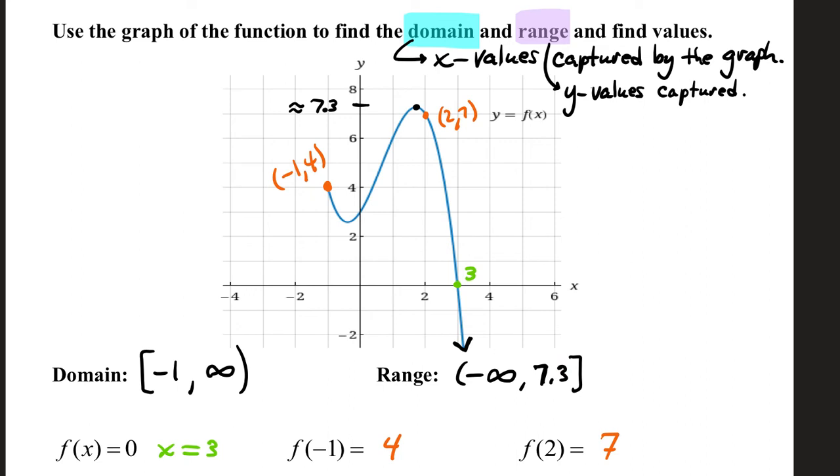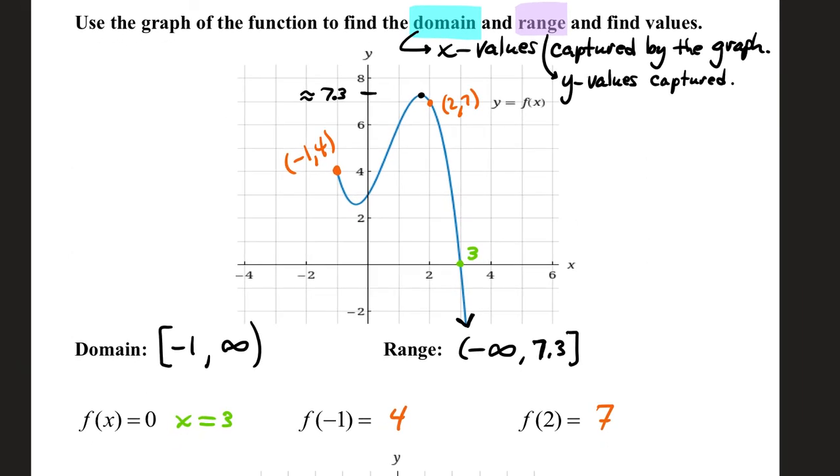There are some function values that you might be asked to find. For this first one, we're trying to come up with all values of x for which the function is 0. Well, that happens at 3. When x is 3, the function value is 0. Now notice on the next two, you have numbers given in parentheses instead of on the end.